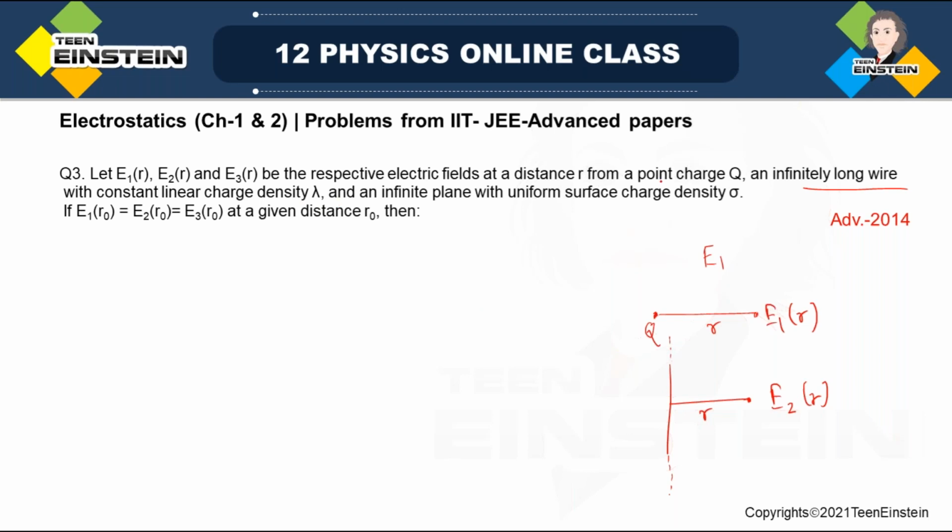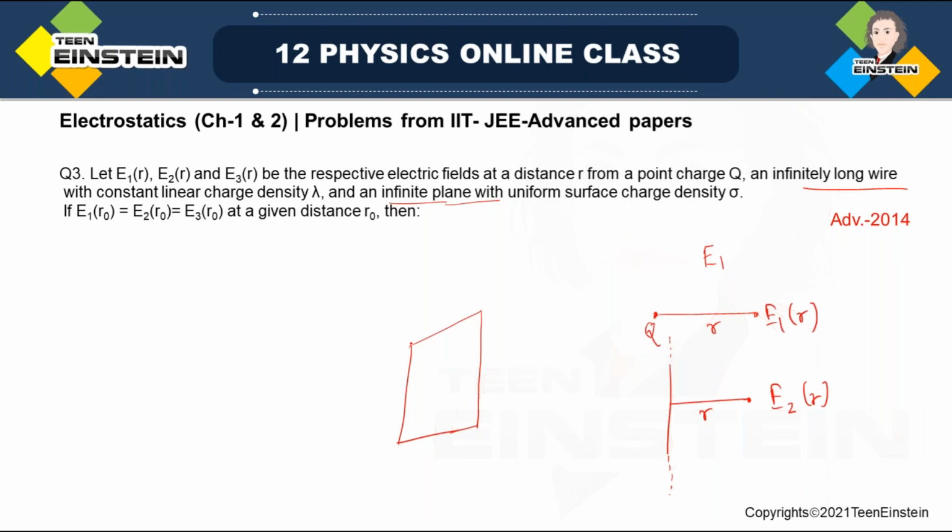Then E3(R) is the electric field produced at some point R due to an infinite plane with uniform surface charge density sigma. That means E3 is produced by an infinite plane having charge density sigma.